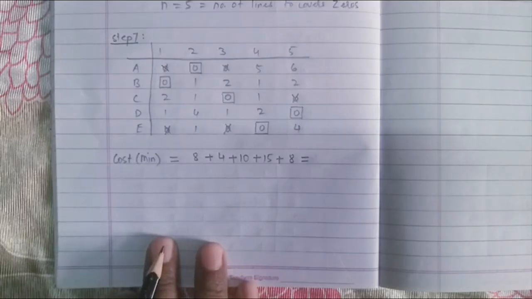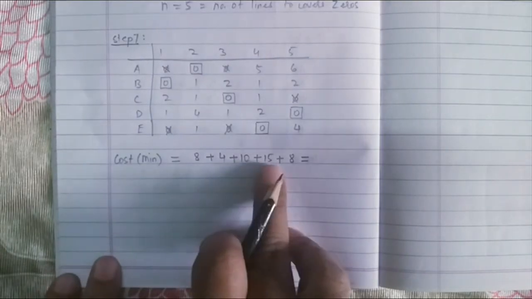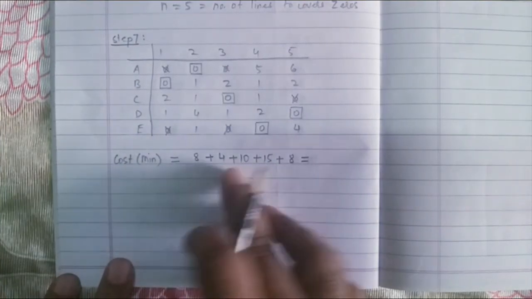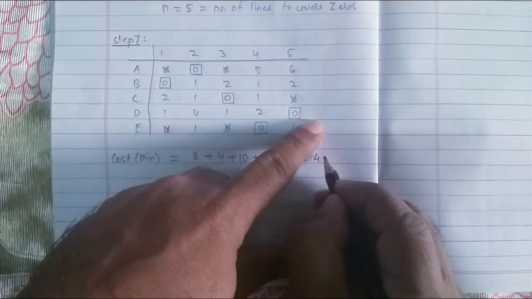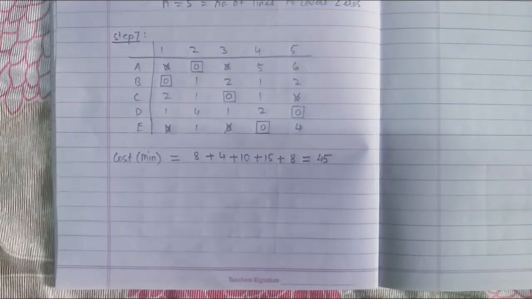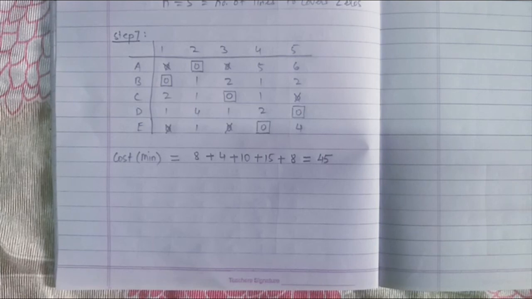So if you look at the total value, we have 10 and 15 here, 25 plus 16, that gives me 45. So this is my final answer. The minimum cost required in this example of assignment is 45.